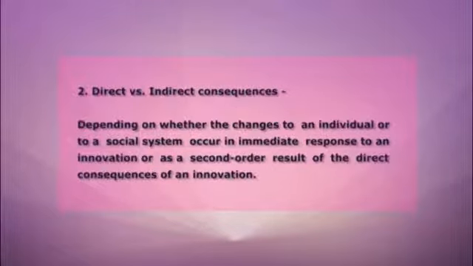Number 2 is the direct versus indirect consequences, depending on whether the changes to an individual or to a social system occur in immediate response to an innovation or as a second-order result of the direct consequences of an innovation.